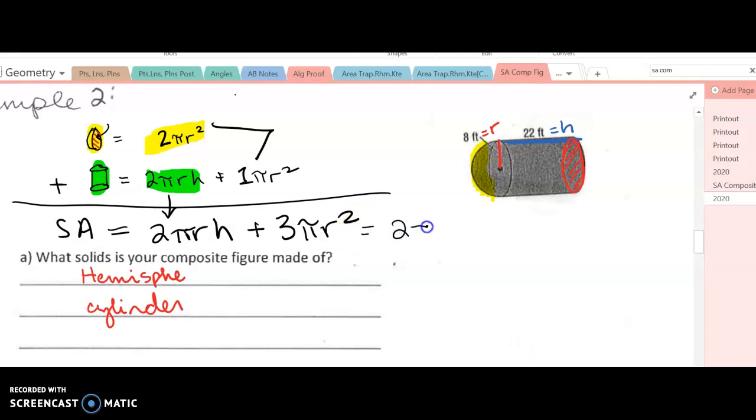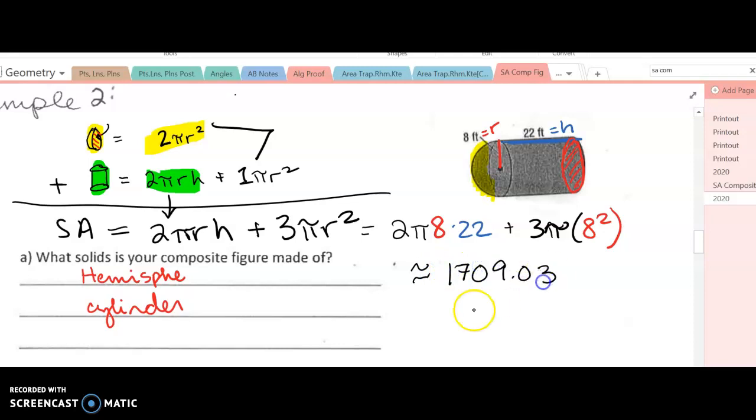So we're going to go 2 pi times 8 times our height of 22 plus 3 pi times 8 squared. Okay, and we're going to put that in our calculator. And that comes out to approximately 1,709.03. So I'm just going to call that 1709 feet squared.